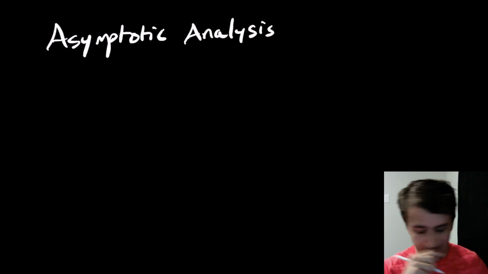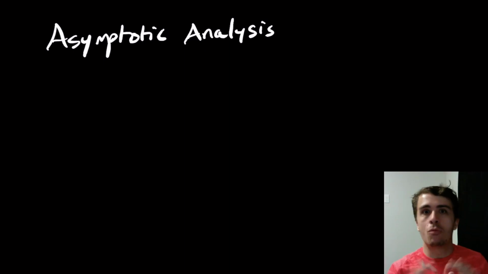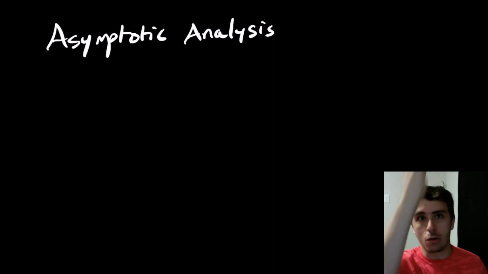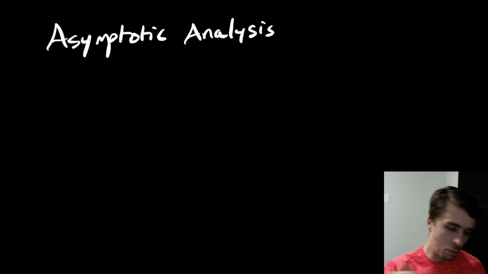So in order to start talking about this, we need to talk about asymptotic analysis. Okay, so the entire purpose of asymptotics is to get rid of all the unnecessary details of how fast an algorithm actually works and just see what is the general trend. Is it going up really quickly in terms of how long it takes, or is it going much slower?